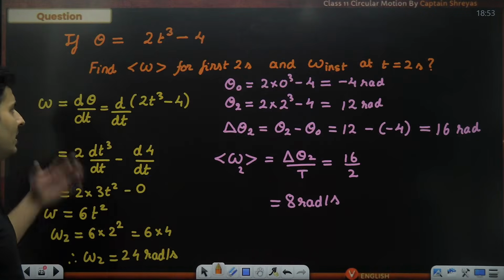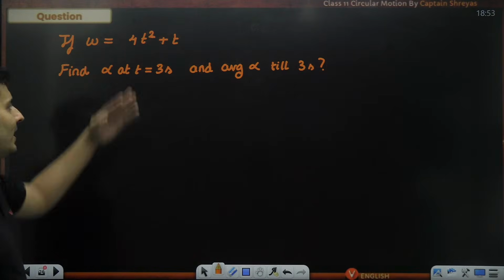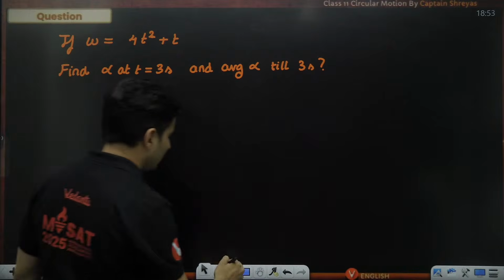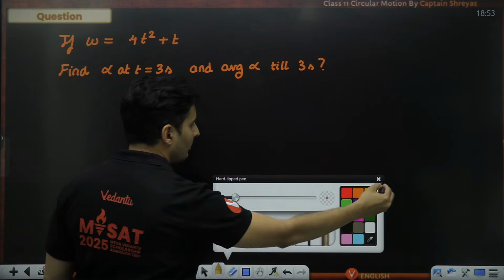Very similar to the previous one, but alpha is asked, which is average and instantaneous angular accelerations. Okay, let's try it out.